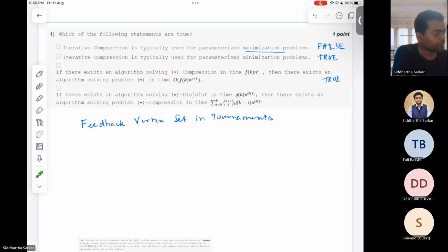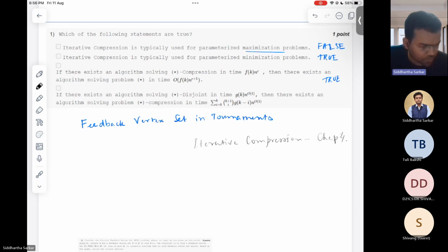So this is a direct theorem from the book. If you look at the book, page number 80, you will be able to see this stated as a theorem. I would encourage you to read the book as well as watch the videos. In fact, what I observe is that the videos of the weeks are based on the chapters. For example, in this week we have seen iterative compression, which was discussed in detail in chapter 4.